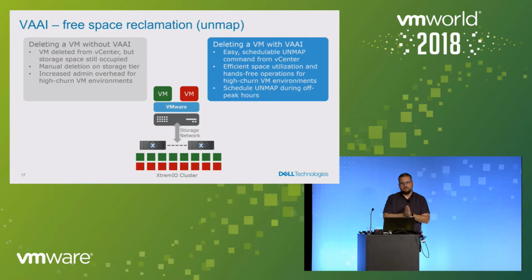By default, if we delete a VM from vSphere, the capacity does not return back to the array. This operation is known as unmap. Back in vSphere 5, it was automated. Back then, I was doing a lot of professional services for VMware, and I remember that Friday night when we got this email telling us, if you have a customer that's leveraging vSphere 5, they need to disable unmap.